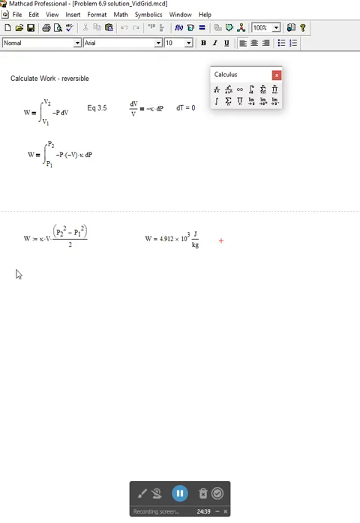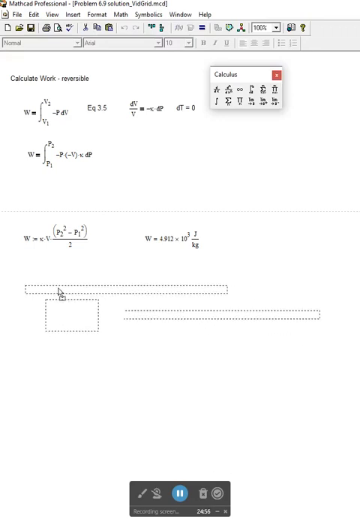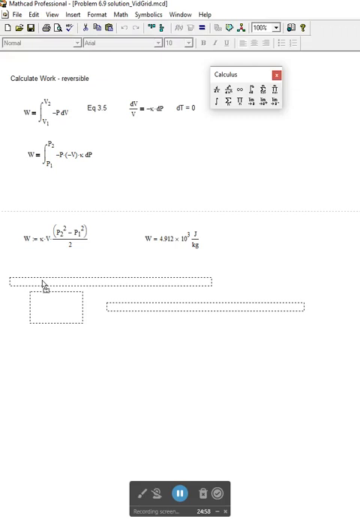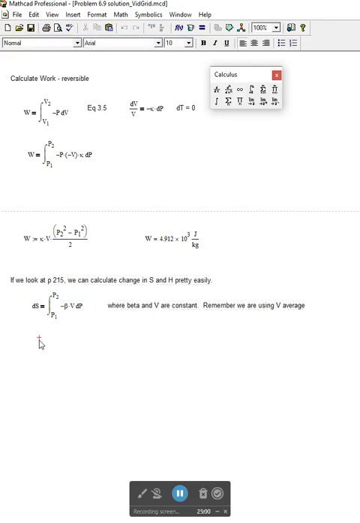Now what we have to do is calculate enthalpy, entropy and internal energy changes. If you look at page 215, you can see that we can calculate enthalpy and entropy changes, and I'm going to pull this over so I don't have to spend a lot of time typing everything out.